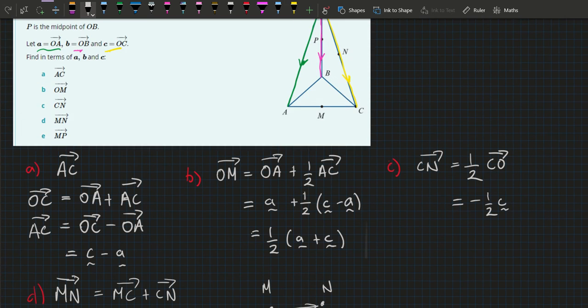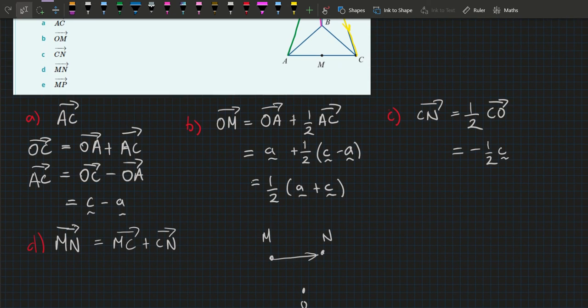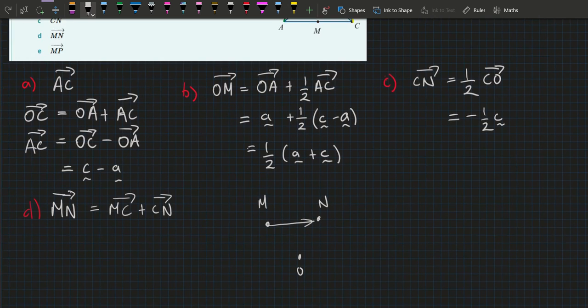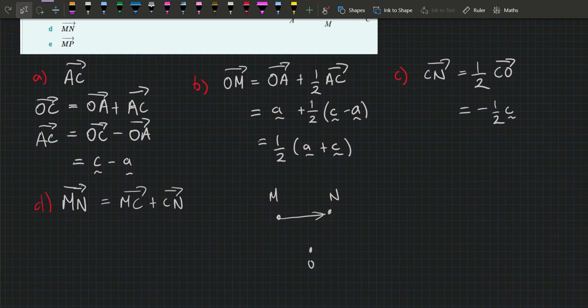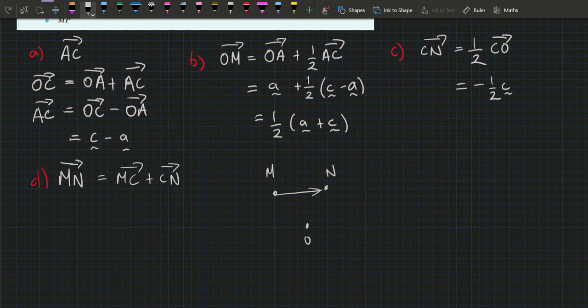I did it before with the other shape, the A to C. So O to N can equal this plus that. So this equals that.